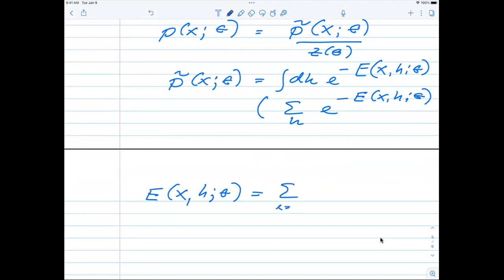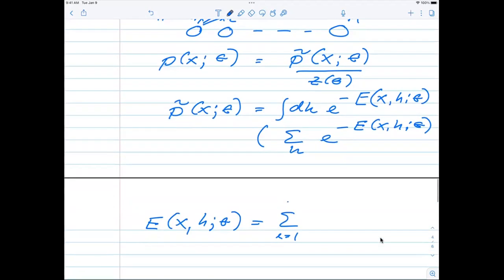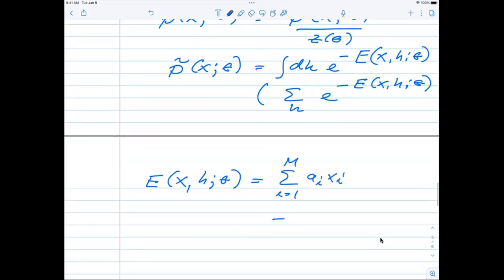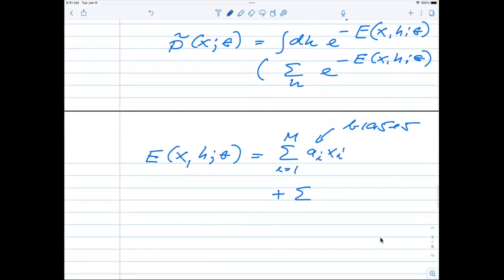So it will run from i equal 1 up to m, and I think I used m here to indicate the visible layer. There's going to be a set of parameters a_i multiplied with x_i. These are normally called the biases in neural network calculations. And then we're going to have a sum over the hidden nodes.